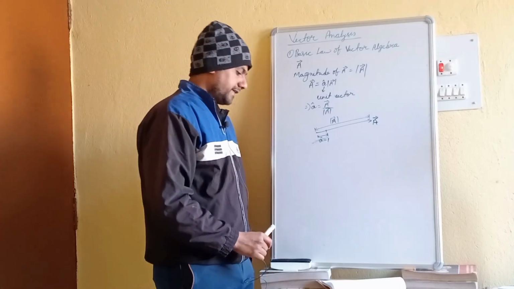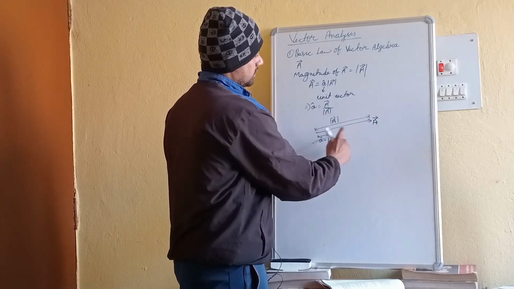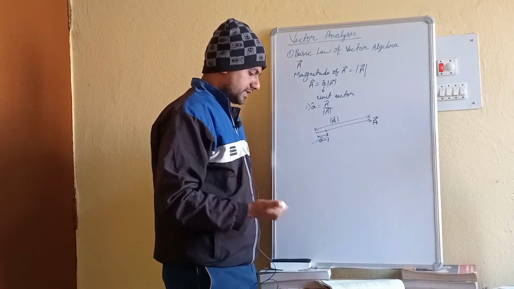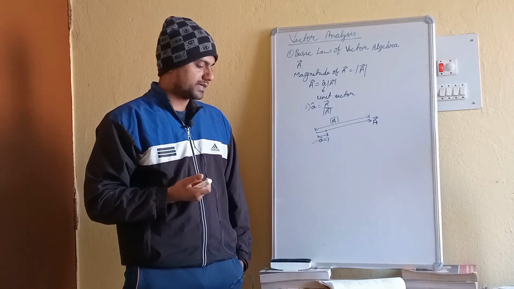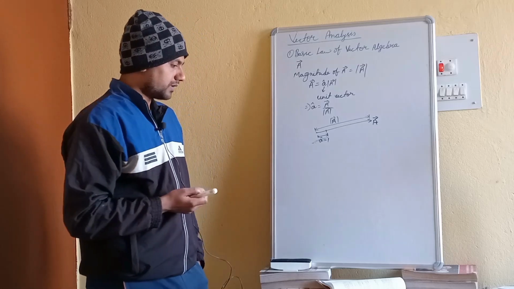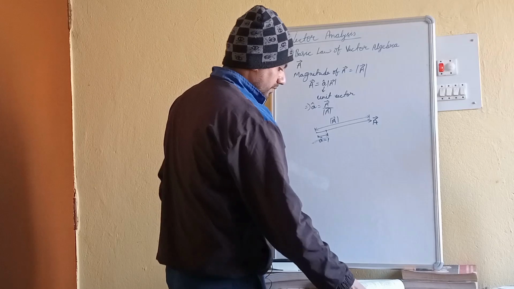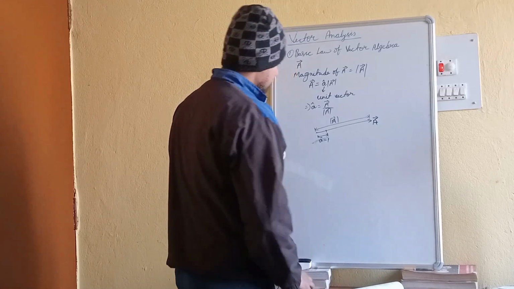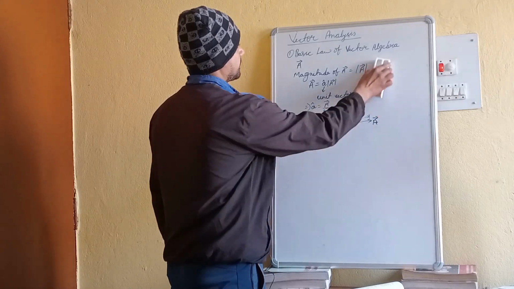Next, in the Cartesian coordinate system, how do we represent a vector? That is what I'm going to show you. Before going to that, I think we should erase this, because it will take space.